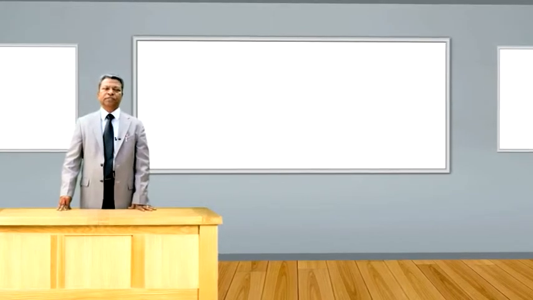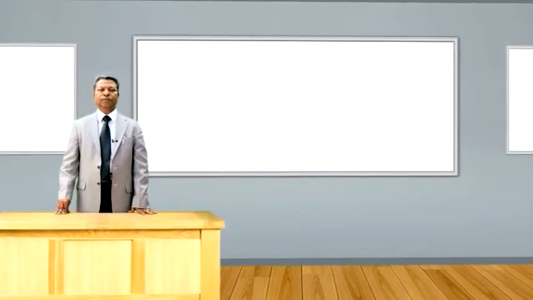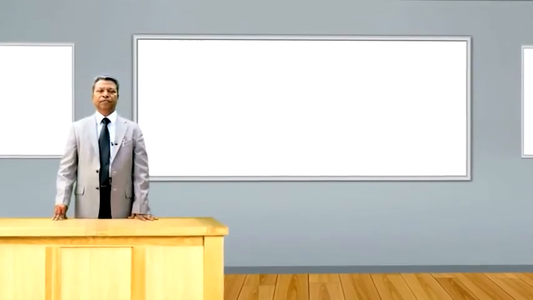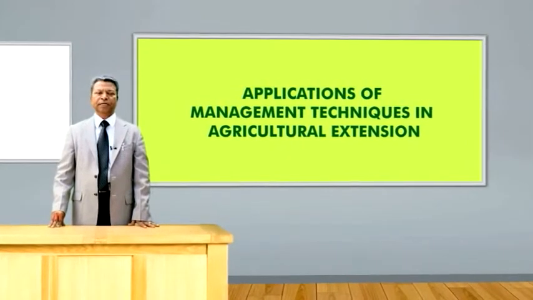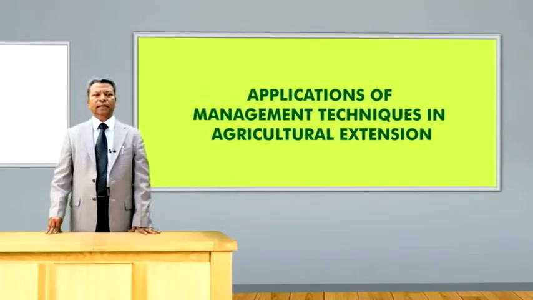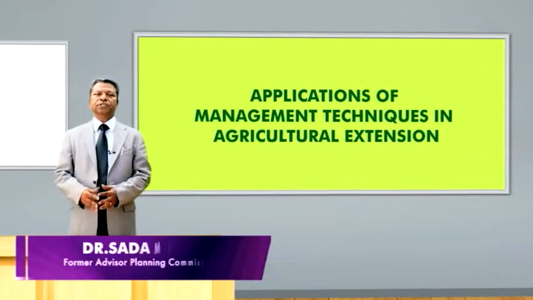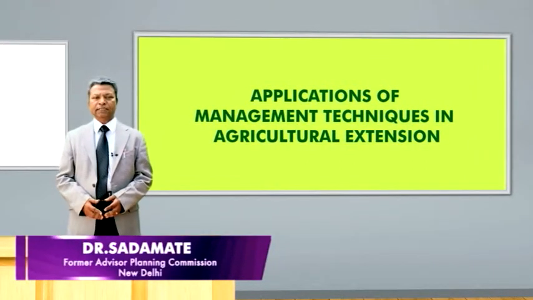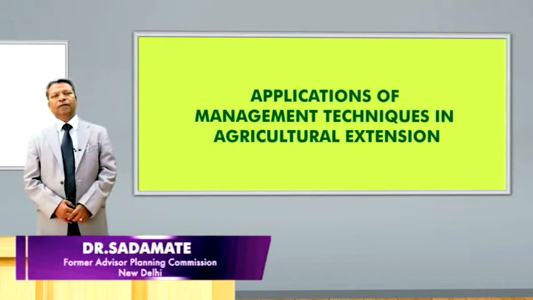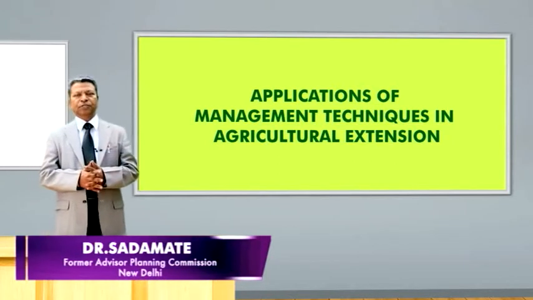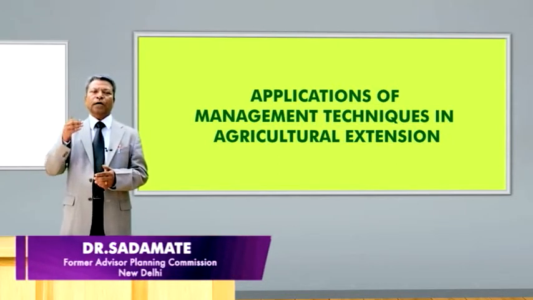Friends, today we will study unit number 6 of PG Diploma in Agriculture Extension Management. And the unit title is Applications of Management Techniques in Agricultural Extension. The structure of the presentation would go as follows.